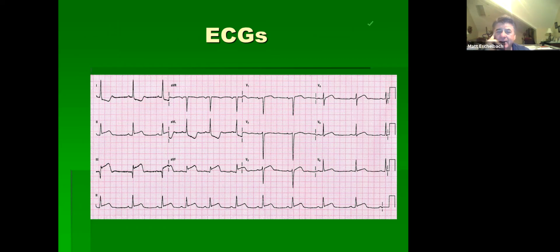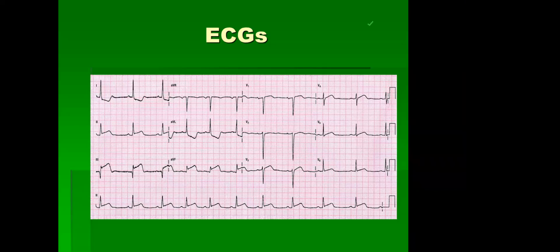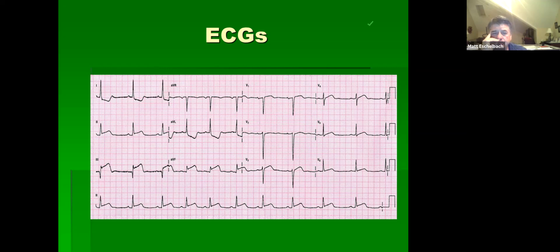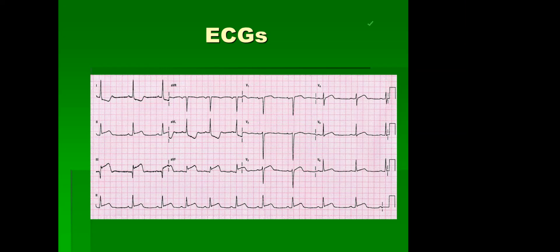Go through it systematically. Looking at lead 1, we have a downward T wave. 2 and 3, as well as AVF, have ST segment elevation. V1, V2, little to no changes. V3, V4, also no changes.